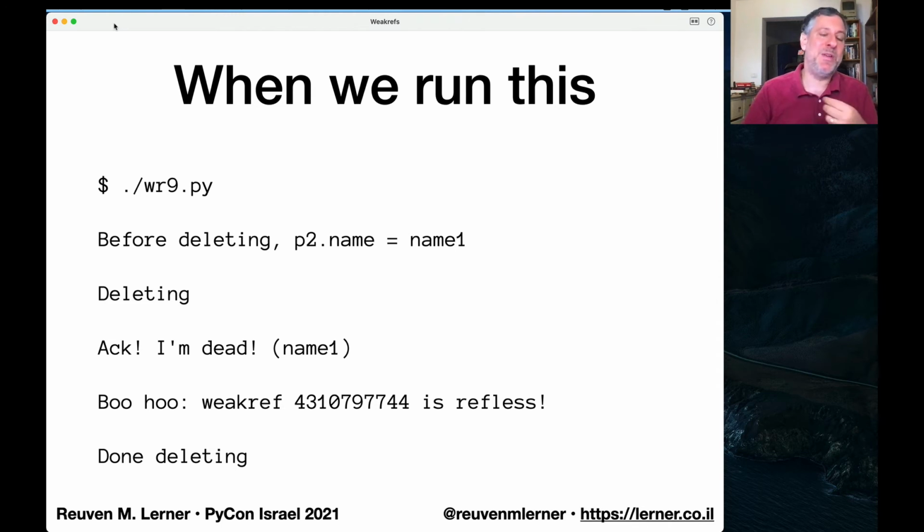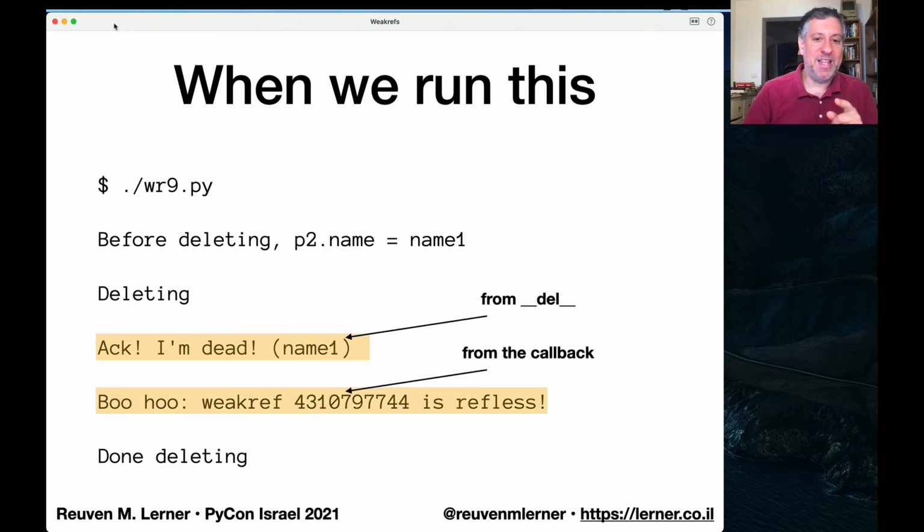We now delete P1, so P2 is the only reference to it, but of course, it's a proxy. So we're going to see I'm dead. Why? Because the object died. And then right away, we're going to get the callback to run as well. And only after that do we see done deleting, which is what we wanted to print. So this is from dunder del, and this is from the callback.